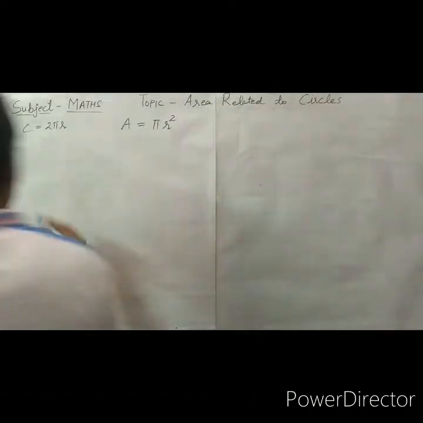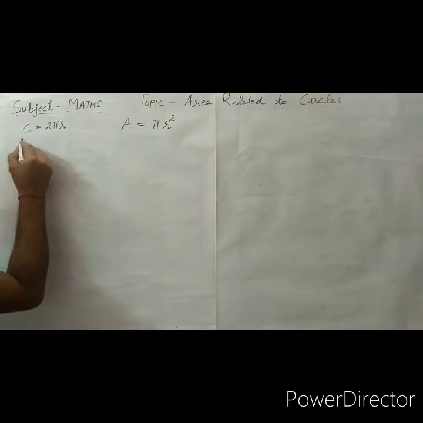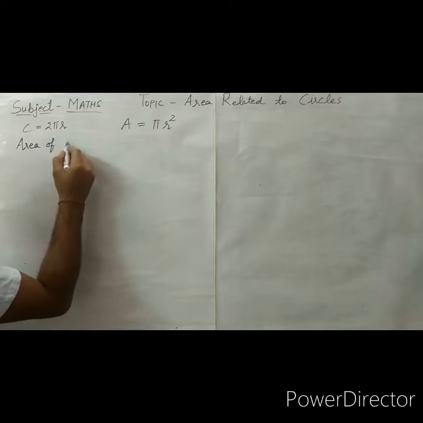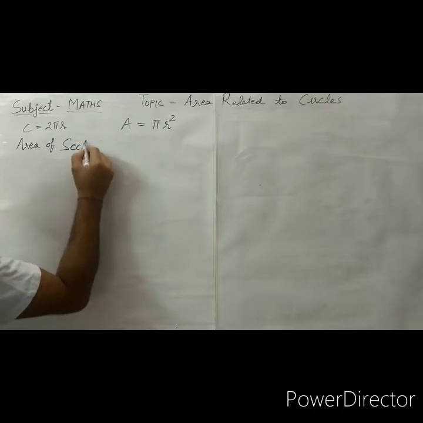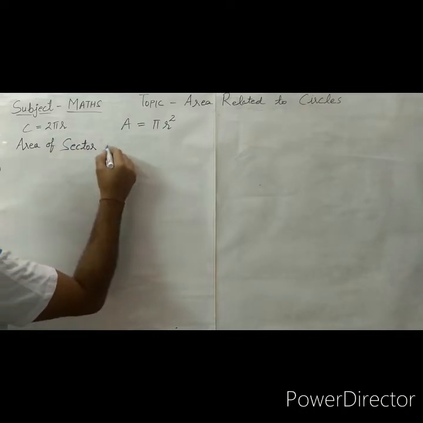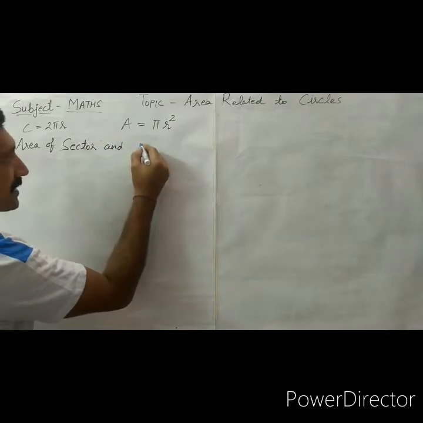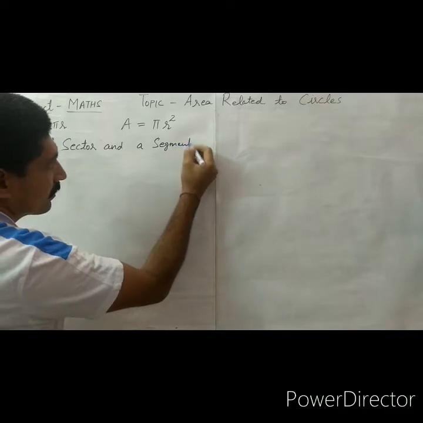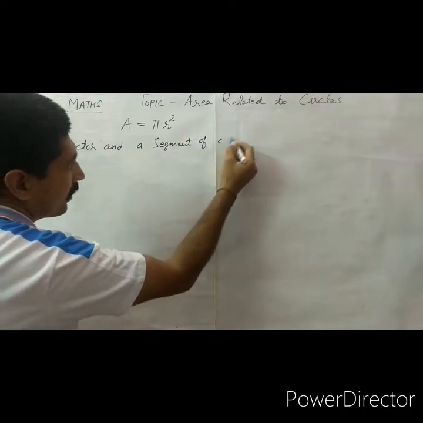So, area of sector and segment of a circle.